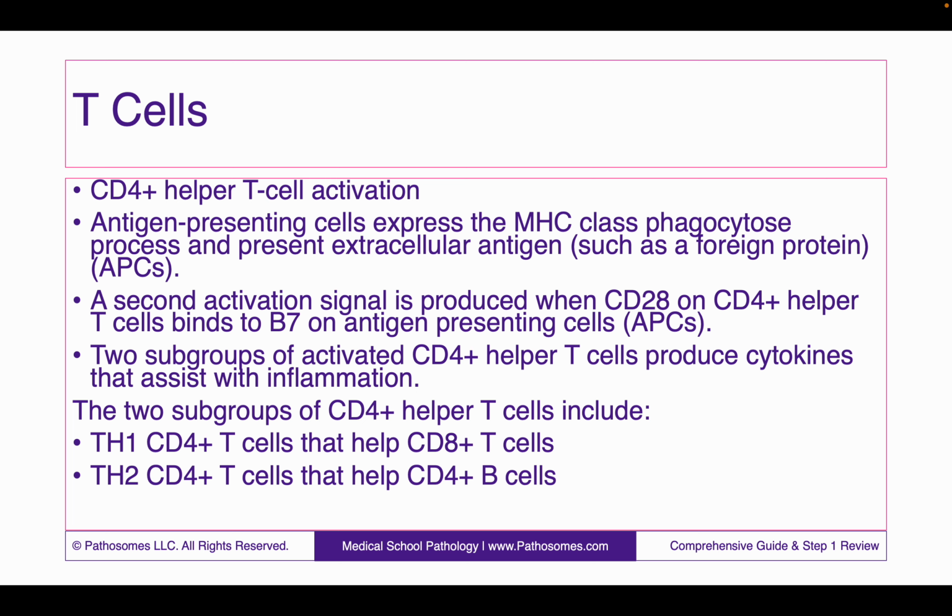Two subgroups of activated CD4 positive helper T cells produce cytokines that assist with inflammation. The two subgroups include T helper 1 CD4 positive T cells that help the CD8 positive T cells, and the T helper 2 CD4 positive T cells that help the B cells.